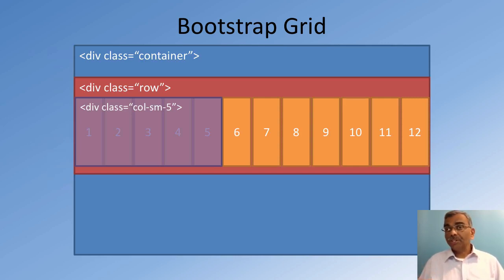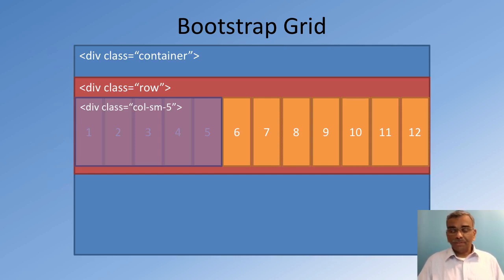We can explicitly specify from which range to which range the column layout will occupy how many of the columns. So in this particular case, when I specify only column SM5, what I mean is that this particular content enclosed inside this div will occupy 5 columns for all screen sizes from small all the way to extra large. Now, we see that out of the 12 columns, we have already occupied 5 columns. There are still 7 more columns left.